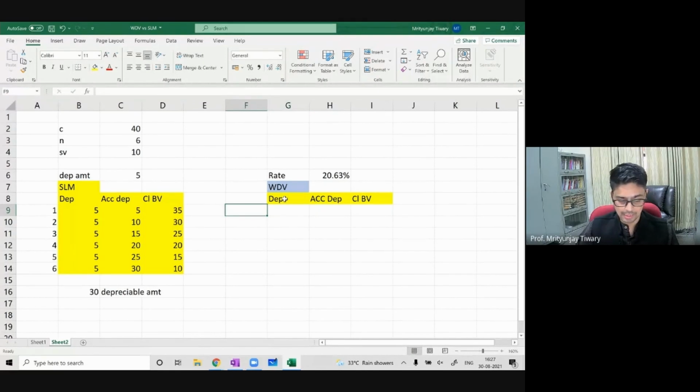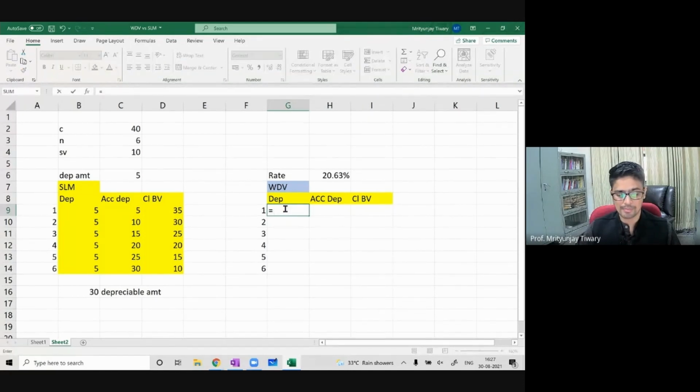Let us do this. So once again, year 1, 2, 3, 4, 5, and 6. Now, as we discussed in the definition of the method, this time the rate is going to be constant and not the amount. So how will we calculate depreciation in the first period? It is going to be 20.63% of cost.